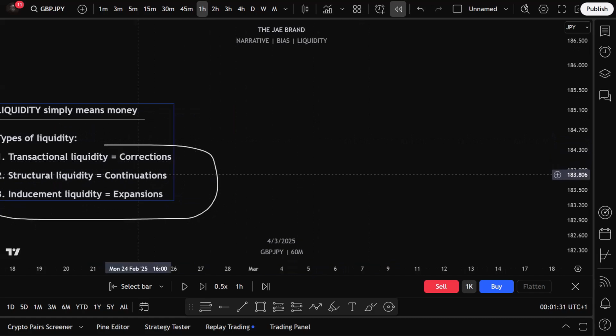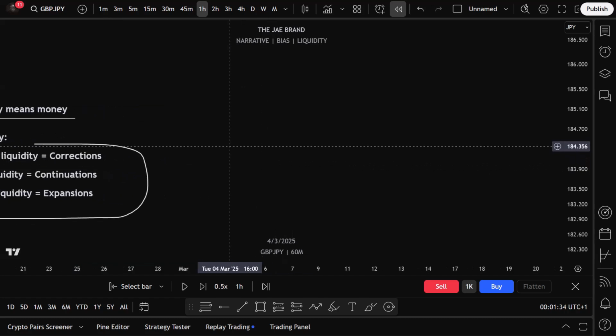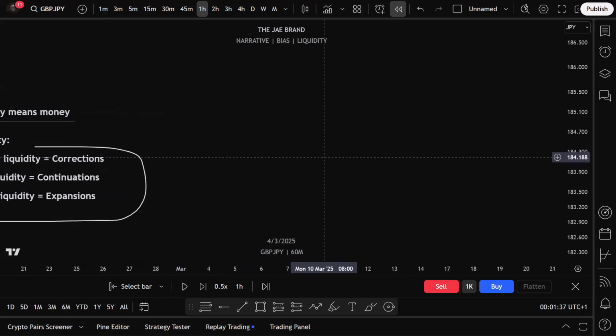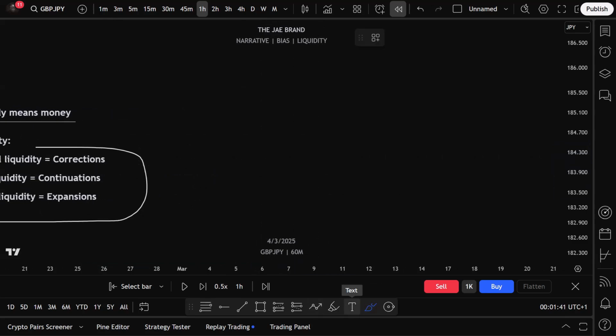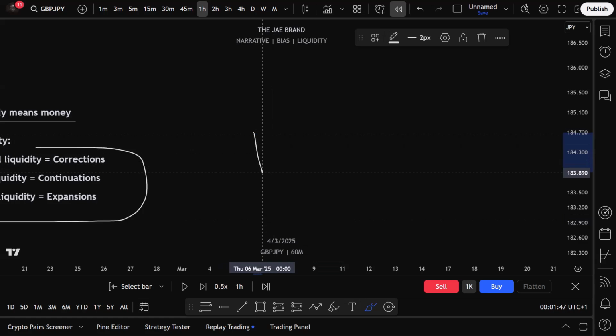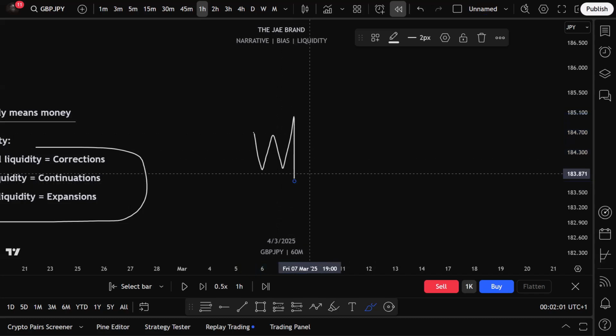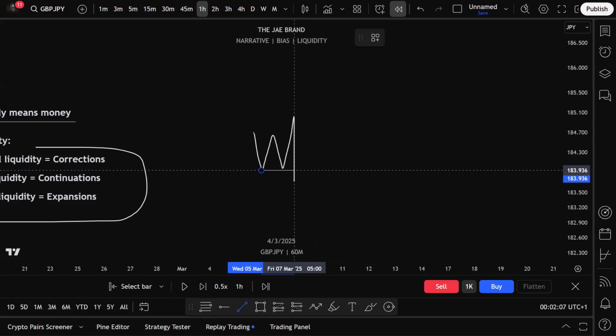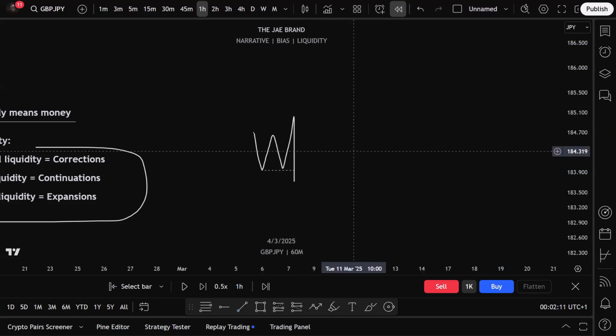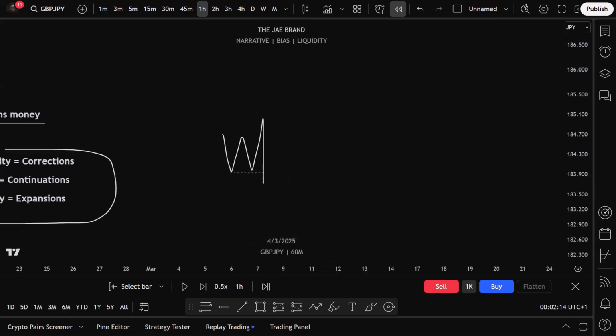Before I talk about it, in those days while we were learning how to trade, we were told that anywhere we see something like this, they call it equal low, we should expect that price is definitely going to come and take out this equal low.